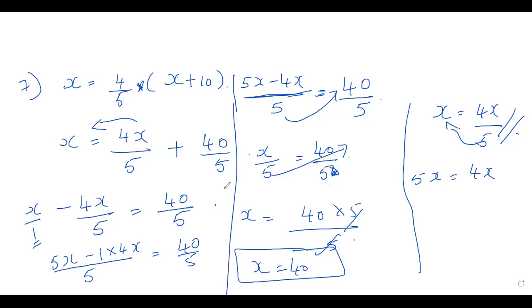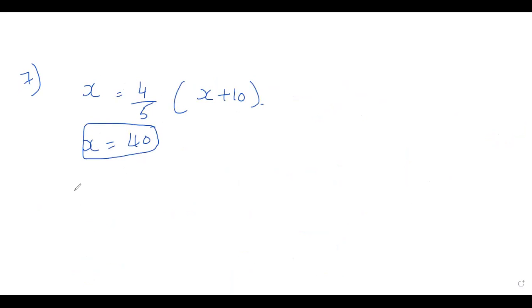Let us verify the answer. I will write the equation once again. X is equal to 4 by 5 into x plus 10. So what is the value of x here? We got 40. Write 40 is equal to 4 by 5 into x, x is 40.